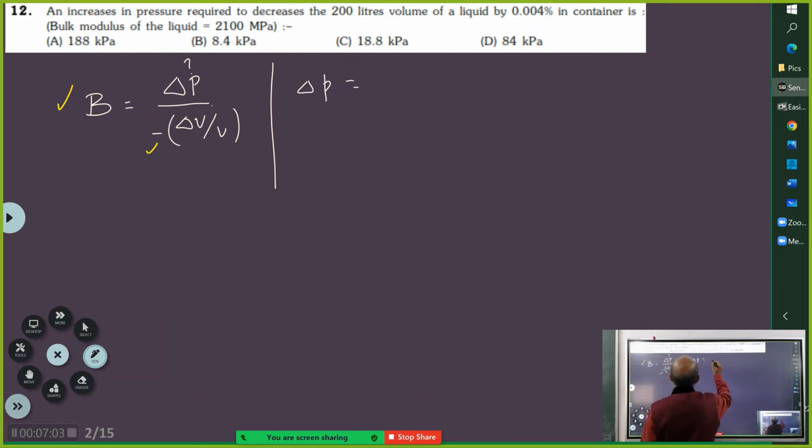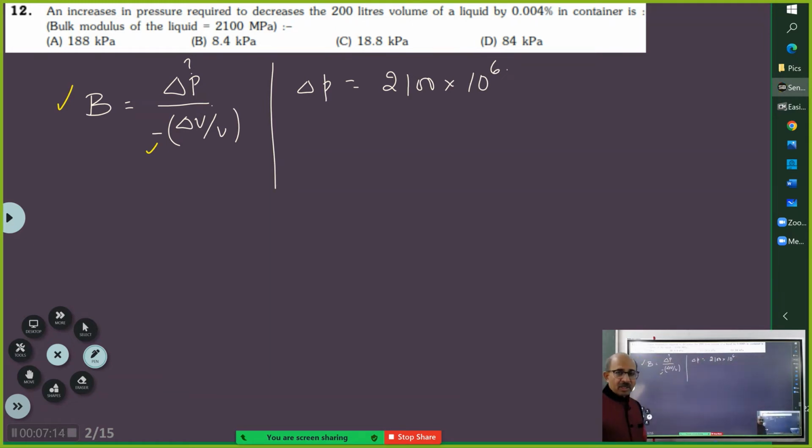What is the bulk modulus here? 2100 megapascal. 2100 megapascal converted into pascals, and 1 pascal is what? 1 Newton per meter square. You have to take it in SI units.